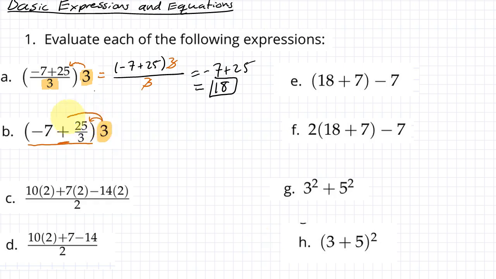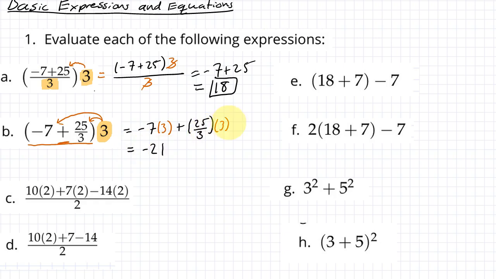Multiply that fraction by 3, multiply the -7 by 3. And then the -7 times 3 is just -21, as usual.